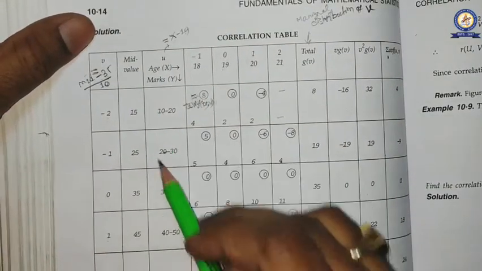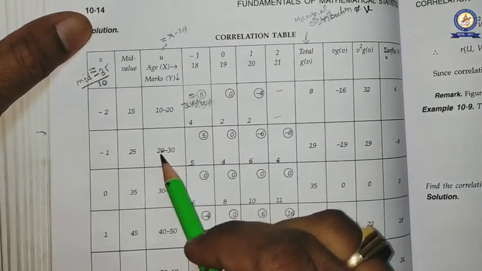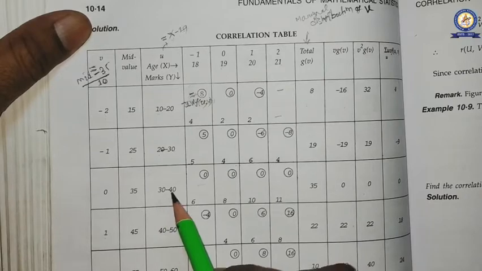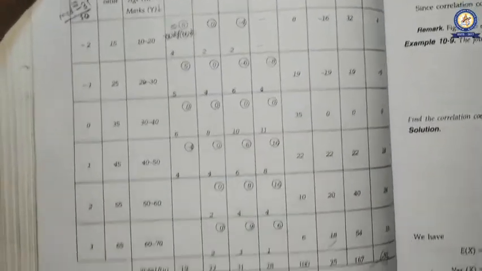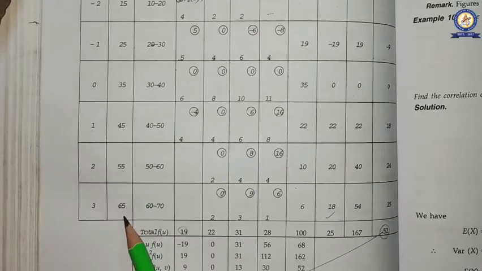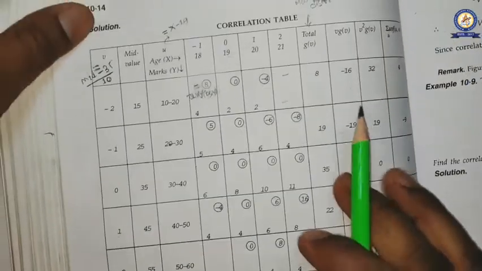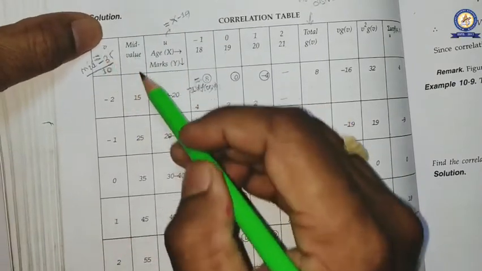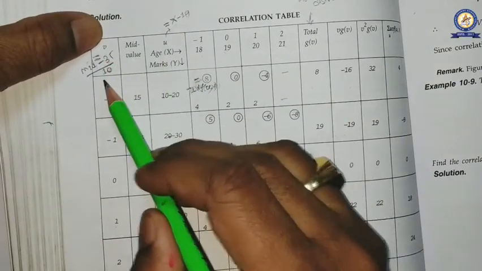For this case, 20 plus 30 by 2, your 25. Here 30 plus 40 by 2, your 35. This will be 45, this will be 55, and this will be 65. And here we consider v, which is transformed from the y value through the mid value.